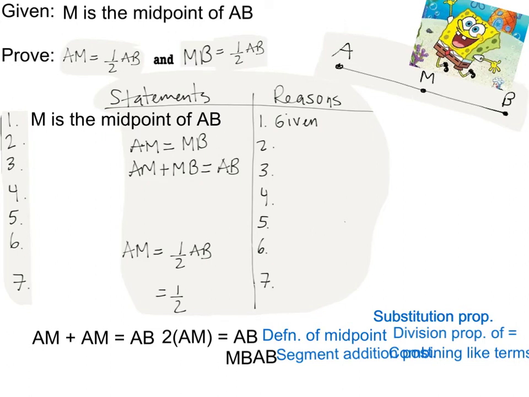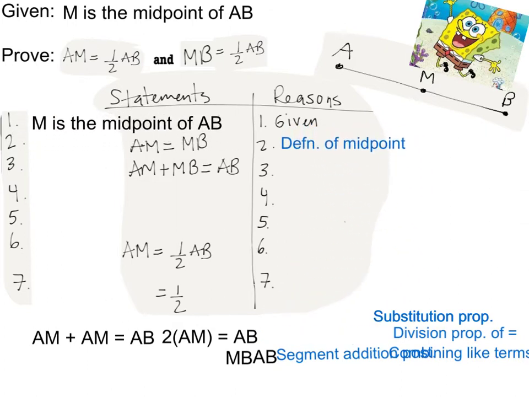Now, the first thing I can conclude, knowing that M is the midpoint, is that AM is equal to MB right here. Now, I know that only because of what I wrote previously. If M is the midpoint, well, then using the definition of the midpoint, I know that this section is equal to this one.